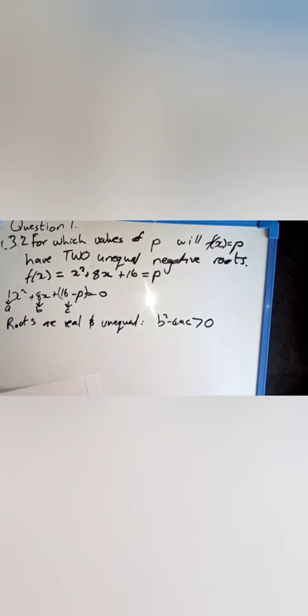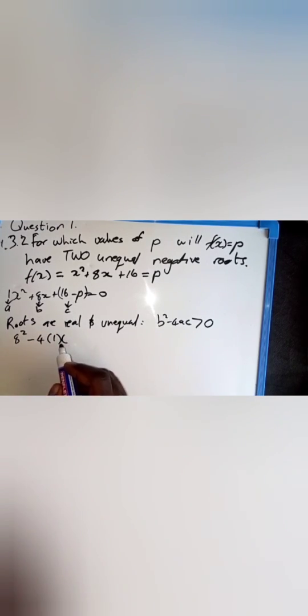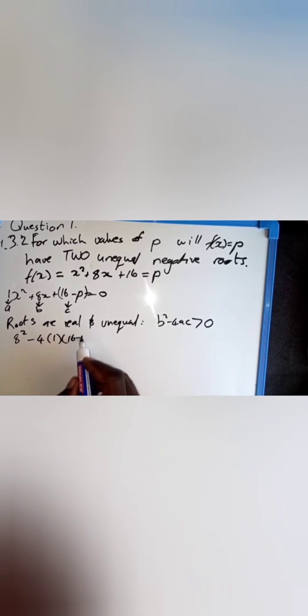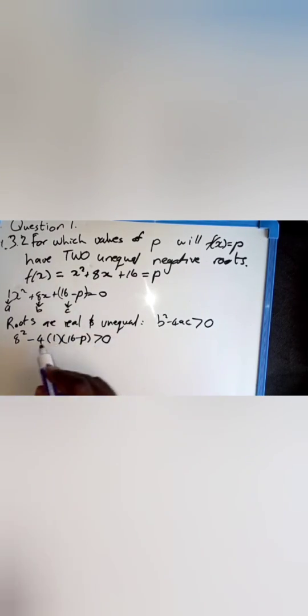So our b is 8, we have 8 squared minus 4, your a is 1 and your c is 16 minus p, and this is greater than 0.